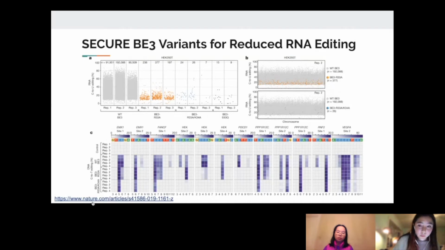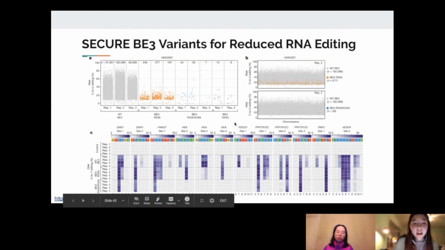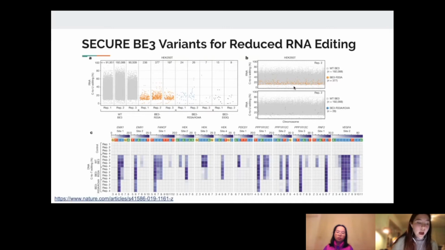So 2 variants were identified that produced very low off-target effects, but also produced high on-target DNA editing. These 2 are represented in part B here. These 2 are BE3 R33A and BE3 R33A/K34A. Both of these are mutations in the rat APOBEC1 gene.